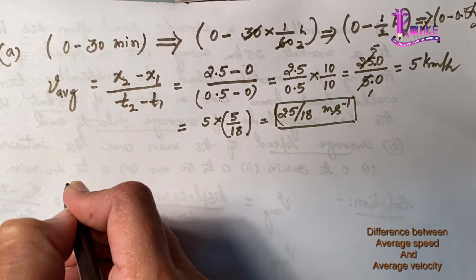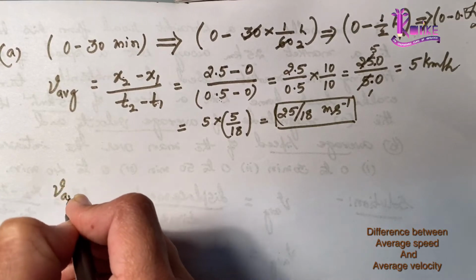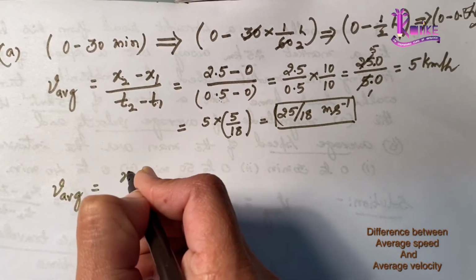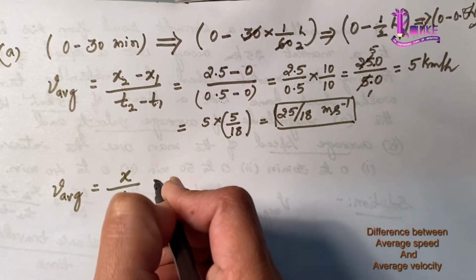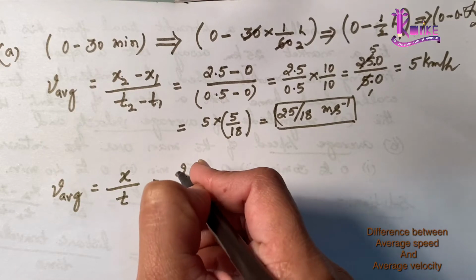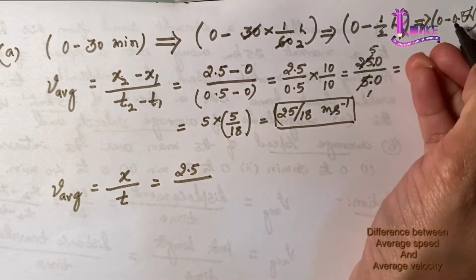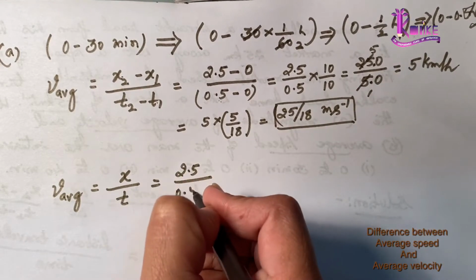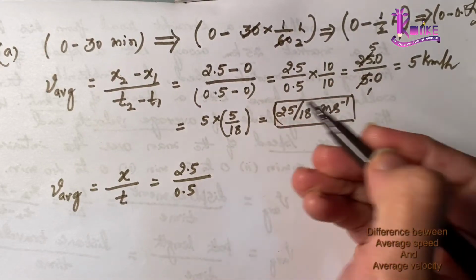Now let's find out the average speed. What is average speed? Average speed is the total distance traveled by time taken. So what is the total distance traveled from home to market? It is again 2.5 kilometers. What is the time he takes? 0.5 hours. So it is same as 2.5 by 0.5.